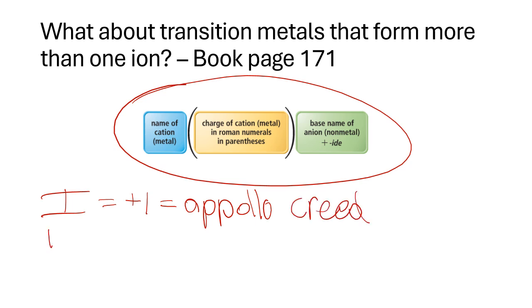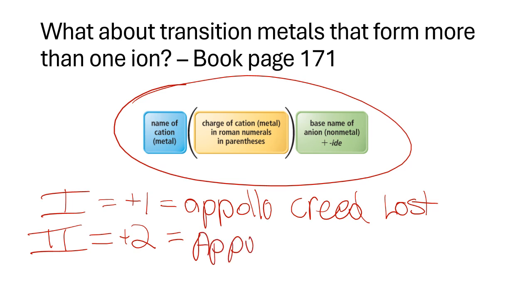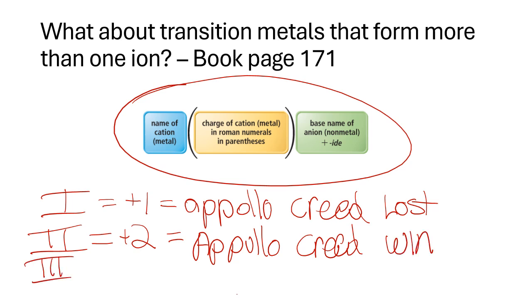If it's a +2, then we write Roman numeral 2. If it's a +3, we write Roman numeral 3.